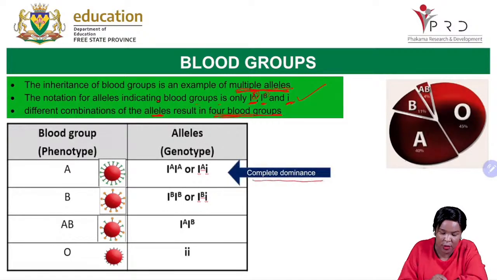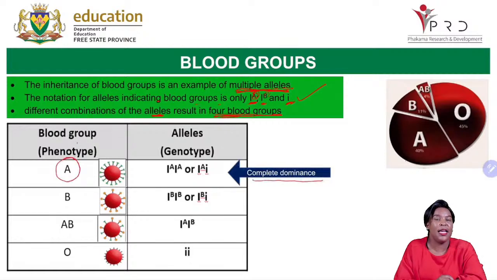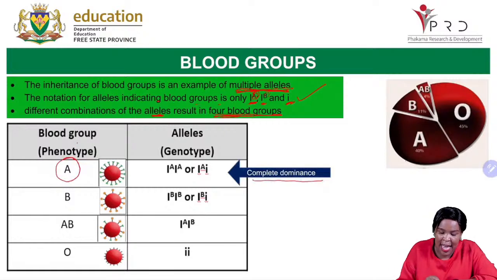What is complete dominance? For a person who is blood type A, we will take blood type A as a phenotype because that is something that is physical to them. Their genotypes or alleles are going to be either homozygous for blood group A, or heterozygous for blood group A, where the big I with big A is dominant over the recessive one.